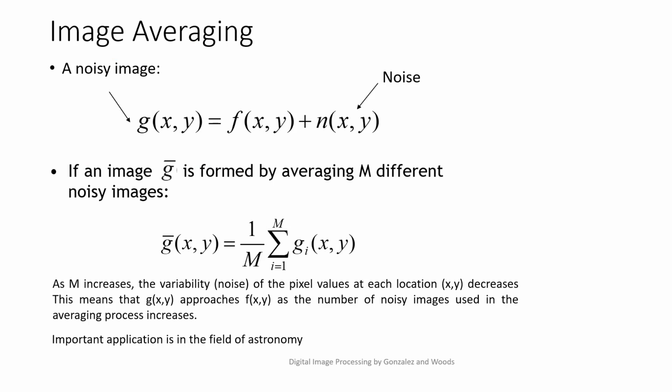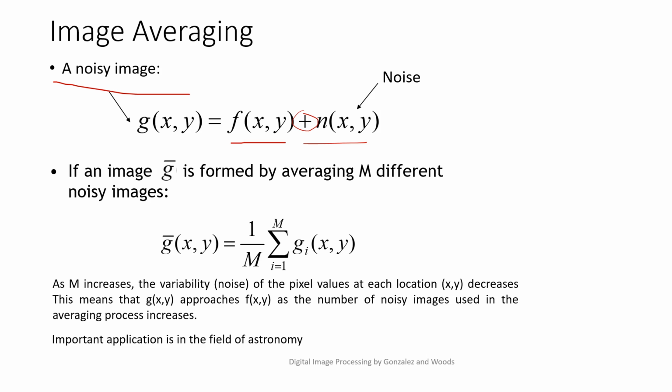Now we'll see what is image averaging. So now you know what is f of xy. f of xy is the original image. If noise is present in the image, what we'll get? We'll get a noisy image. So f of xy plus n of xy, where n of xy is a noise, an additive noise.